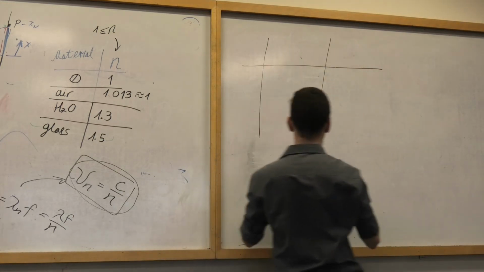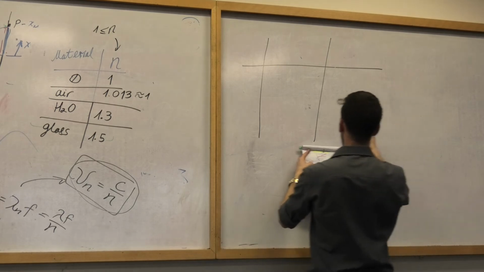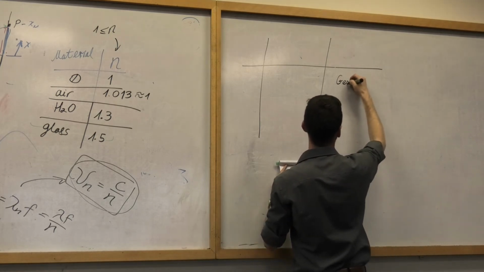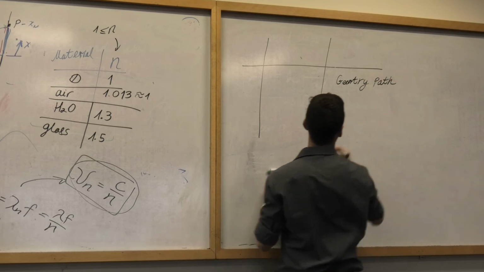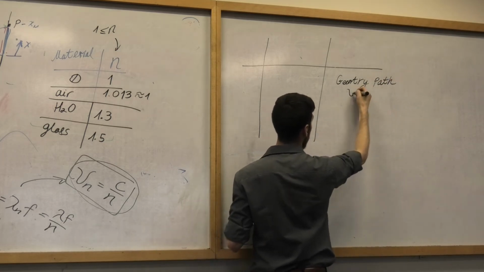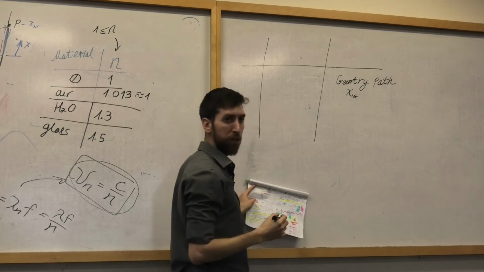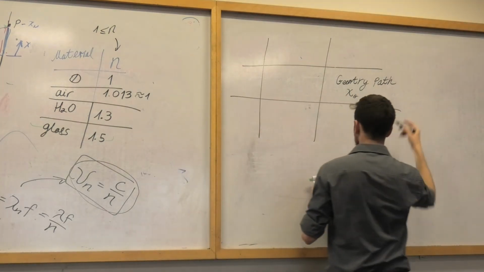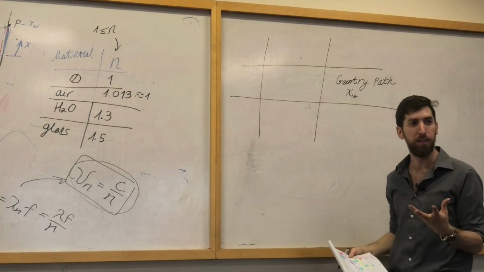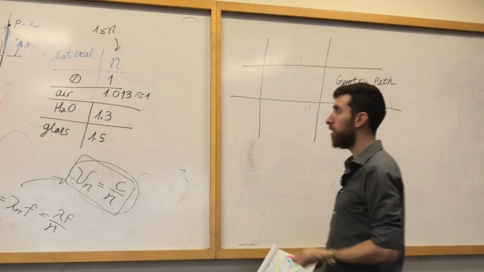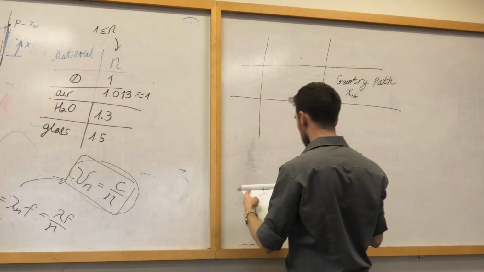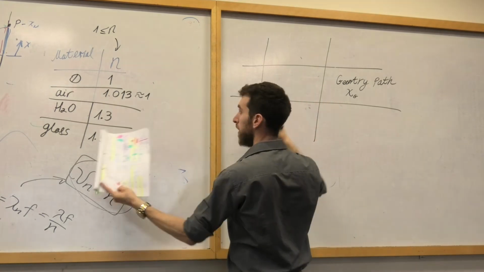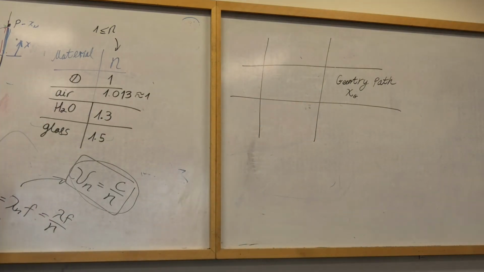Complete the table, okay? So there is a geometry path, okay, that the light could go. And we're gonna denote it by xg, okay, geometry one. And this is what we see through our eyes, okay? This is, if I'm gonna take a ruler, put it on the experiment, and measure it, okay? So let's give names to each location, right?